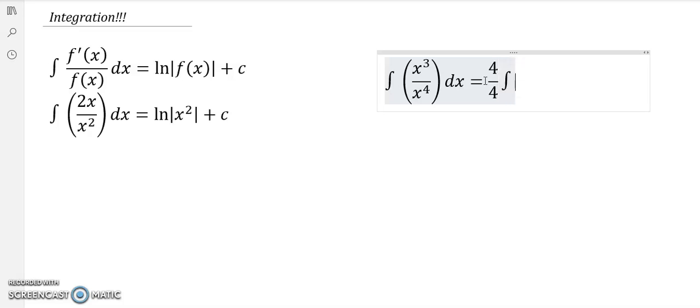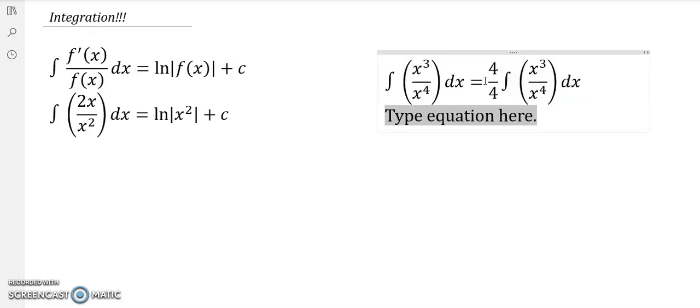And the integral of x to the power 3 divided by x to the power 4 dx equal to, this can also be written as, because we wanna make the numerator to be the derivative of the denominator, then here we have to place 4.